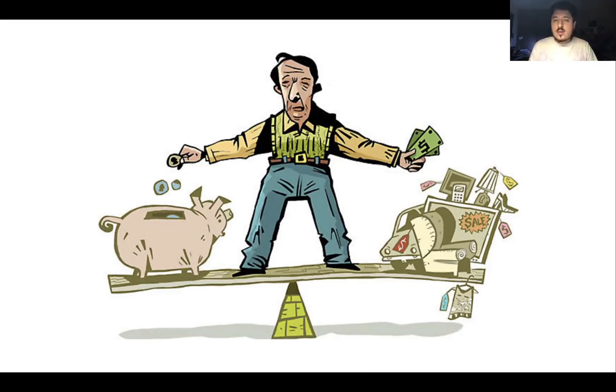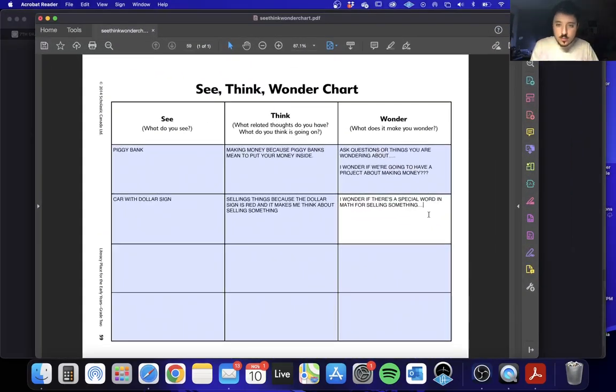I wonder why he looks so old. I wonder why he has a nose that looks like that. I wonder why his hair looks like that. Those are the kind of things that we're thinking about here on the wondering side, on the last one. So you should be on the last one now where it says wonder. What are you wondering about? Just to make sure that we're clear, go ahead and pause it where it says wonder and come up with 4 things that you're wondering about.